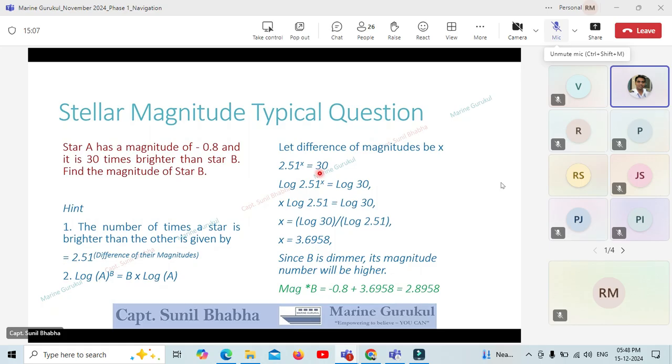Log 30 divided by log of 2.51. Something wrong sir, maybe something is off in the calculator settings. What about others, beta? Just try it out. Sir, coming, sir. 3.695. Coming sir. Okay, all right, beta. Check the setting, beta. 3. Good. Okay, good. Good, you noticed it now. At least it will not bother you in the exams.